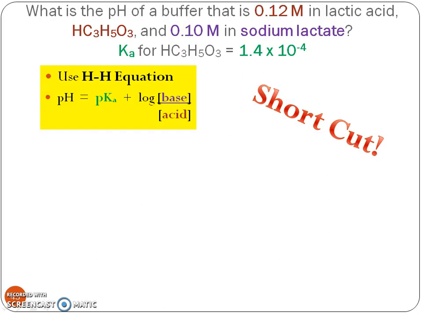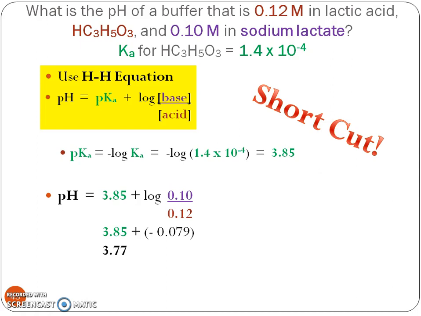Now, as long as you know your values and what they represent, we can plug and chug and use this HH equation. So again, our Ka here, but we're going to take the negative log in order to get the pKa. We have our concentration of our base over the concentration of our weak acid, and we get 3.77. So it's exactly the same value as using the ICE box.